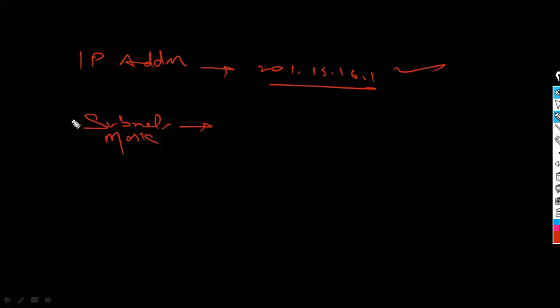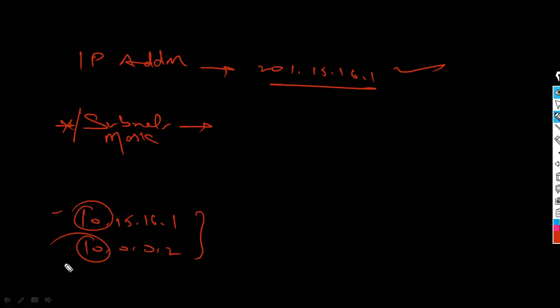If I don't mention the subnet mask of the IP address, and straight away ask, there are two IPs, let's say 10.15.16.1 and 10.0.0.2. I know both IPs are from class A. Class A means the first octet is the network portion, but not necessarily is the mask the default.